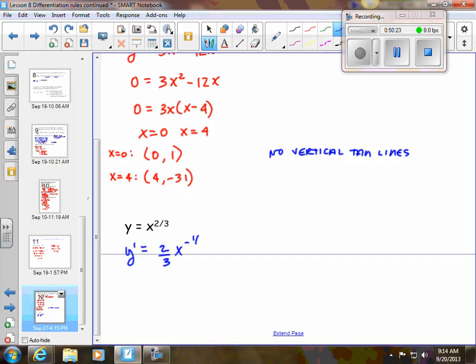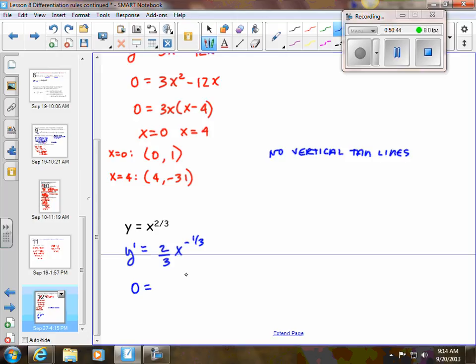Very good. We okay, everyone? Power rule. You multiply 2/3 times 1, decrease the power by 1. So I need to set that equal to 0. And to be able to work with that more easily, I need to express with a positive exponent.